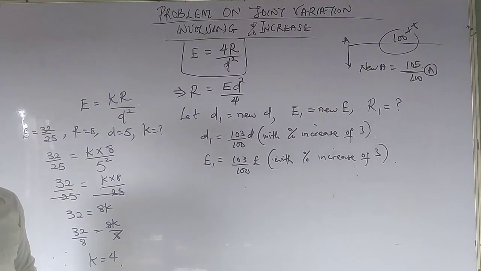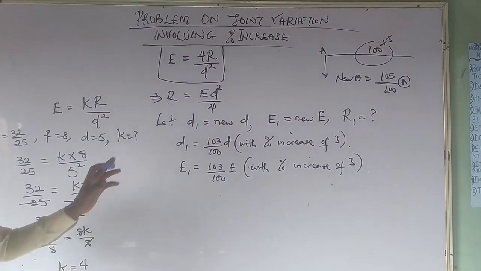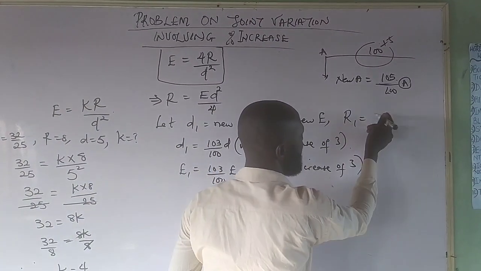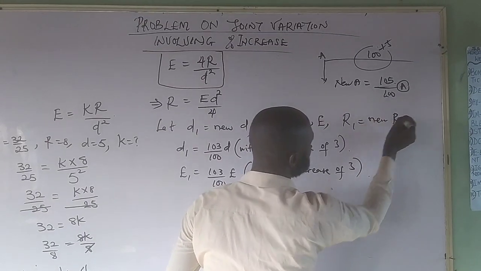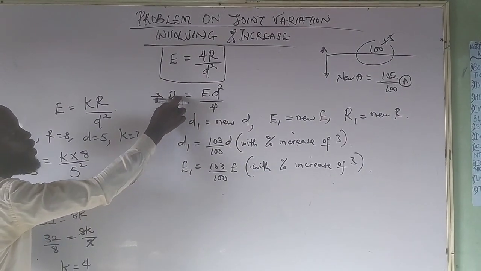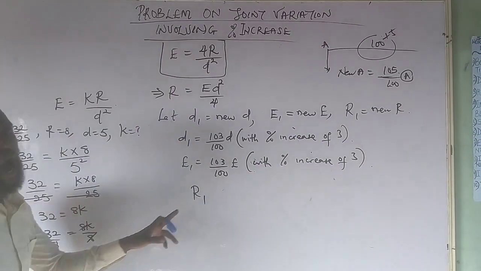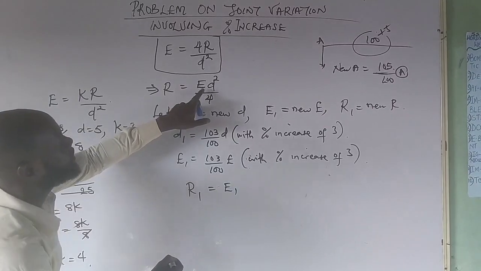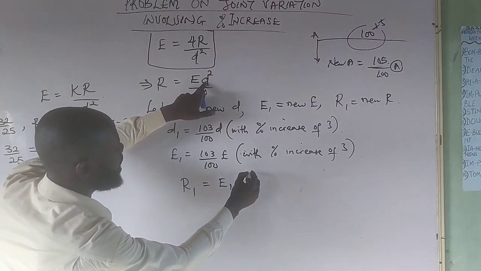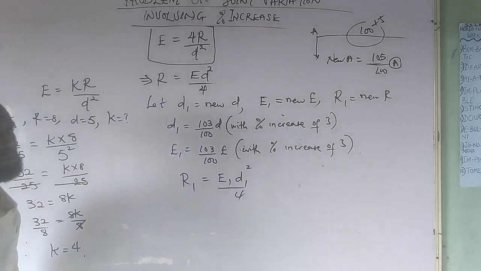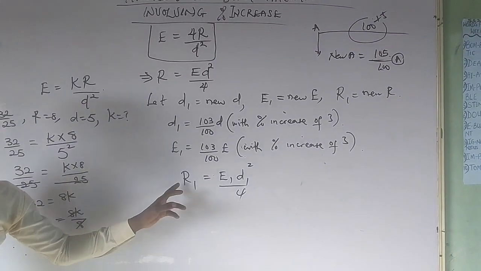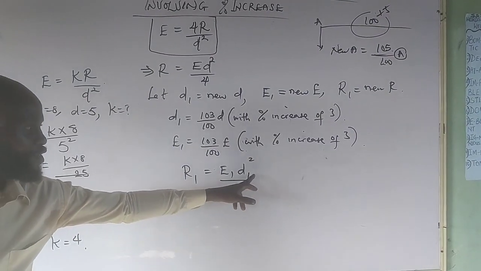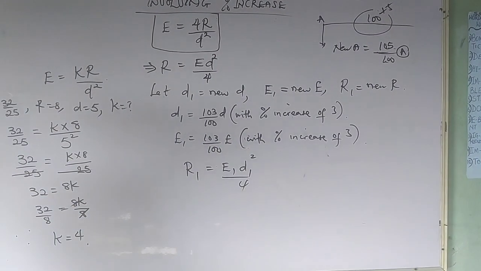So consequently, because of the changes we have, our new R is R1. In this equation, R1 is equal to E1 times D1 squared divided by 4. The new value of R, R1, is equal to the new value of E times the new value of D squared divided by 4.